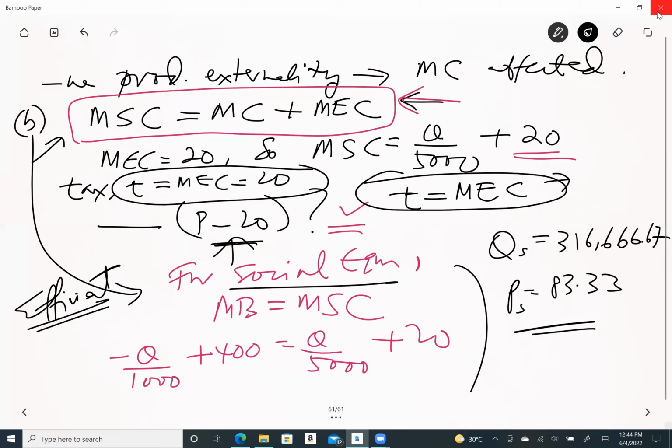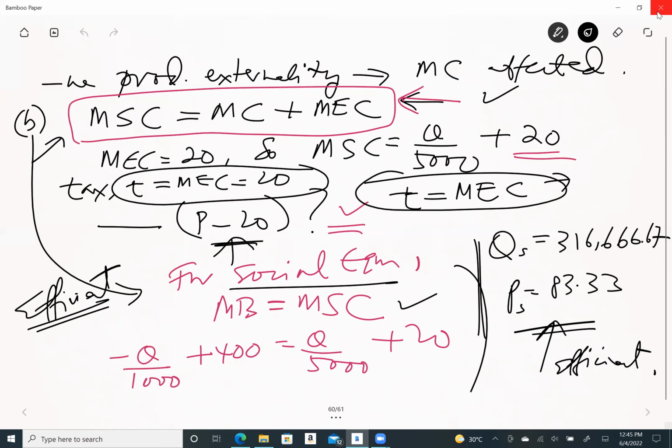Because our efficient condition is this one. And then you got the equilibrium like that. Now, if you impose the tax, we must get the same point. That is the efficient point. How do you get the efficient point by the tax? Our tax must be equal to MEC. So to achieve efficiency, the tax must be set equal to MEC. Any question?